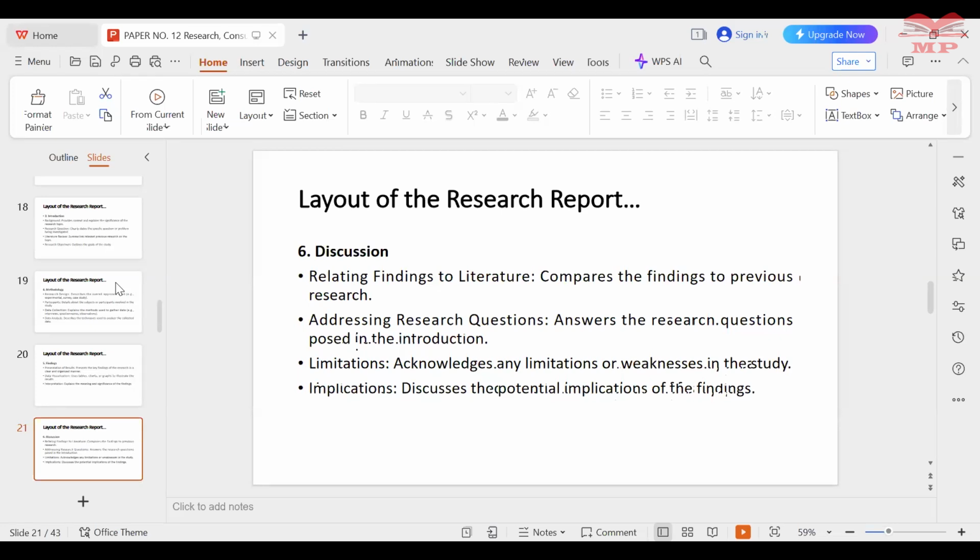the researcher, in this case, will compare the findings that have been found in the study being conducted to previous research that has been conducted. Remember, literature has been reviewed previously, gaps have been identified in literature, and a study has been conducted to try and explain or fill in those gaps.